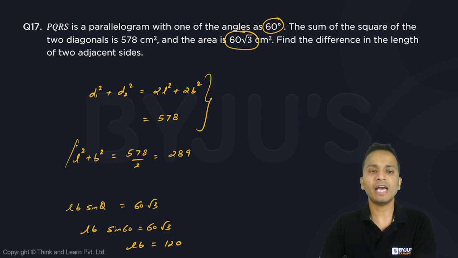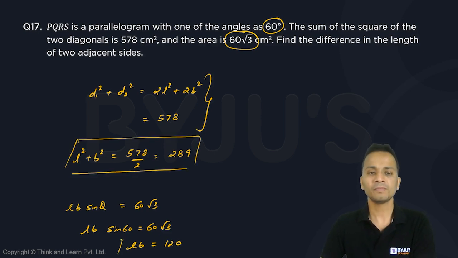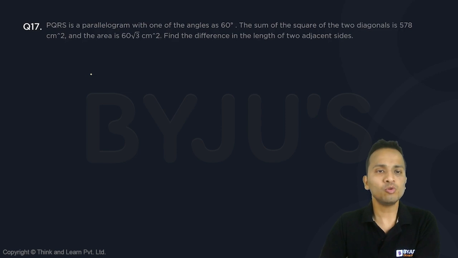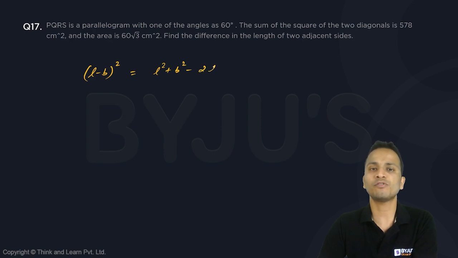Okay, so now we have the relation L square plus B square is equal to 289, and we have L into B as 120. Using these two, we have to find the difference in the lengths of the two adjacent sides. So I'll use the formula (L minus B) whole square, which can be written as L square plus B square minus twice of LB.